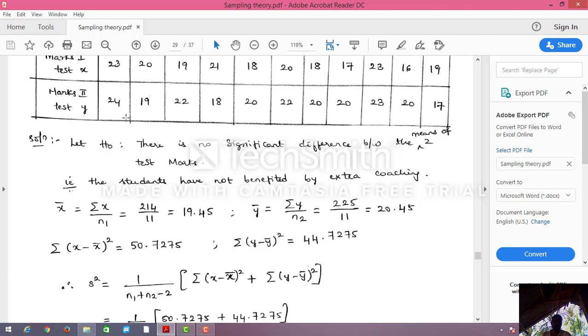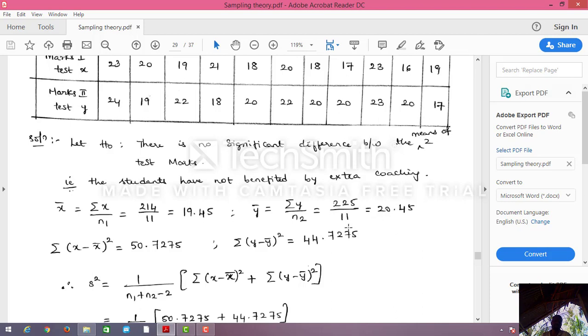Similarly, how do you find y minus y bar whole square? You take 24 minus 20.45 whole square plus 19 minus 20.45 whole square plus 22 minus 20.45 whole square plus 18 minus 20.45 whole square plus 20 minus 20.45 whole square plus 22 minus 20.45 whole square plus 20 minus 20.45 whole square plus 20 minus 20.45 whole square plus 23 minus 20.45 whole square plus 20 minus 20.45 whole square plus 17 minus 20.45 whole square.